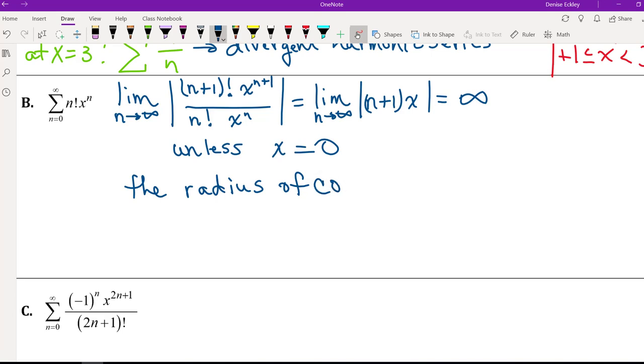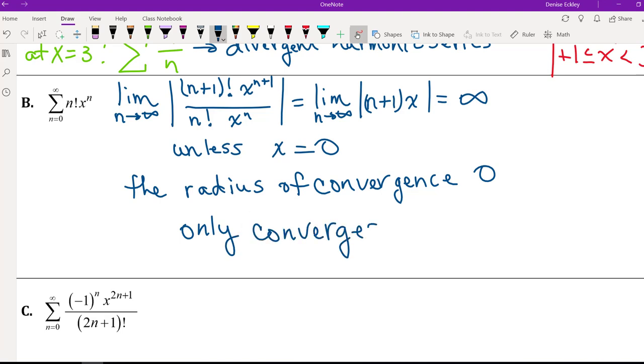We have no radius. So that's 0, and it only converges at our center. So we really don't have an interval of convergence. This polynomial is centered at 0, so that's the only point where it converges because our ratio test fails.